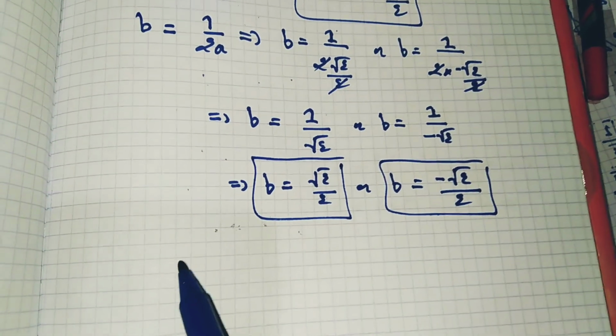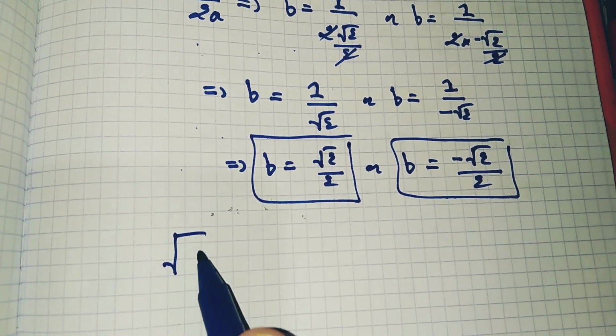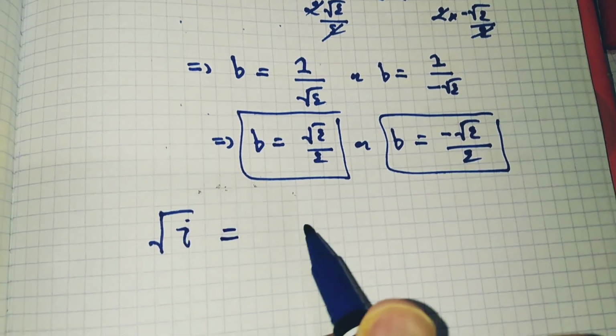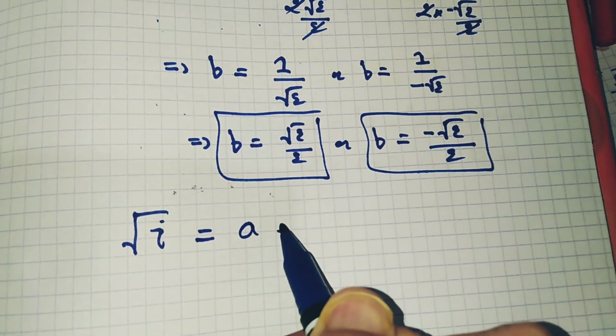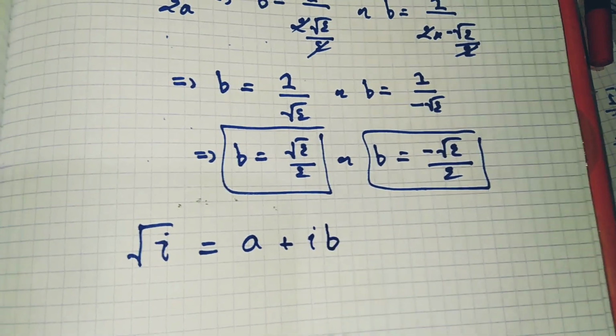So square root of i is equal to a plus bi.